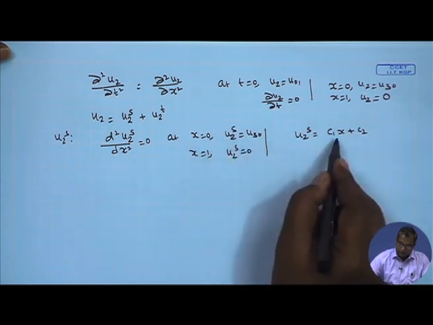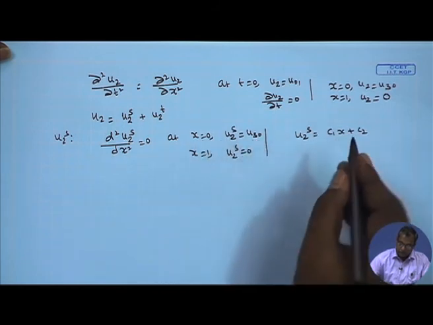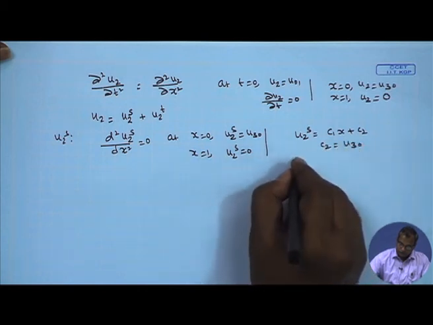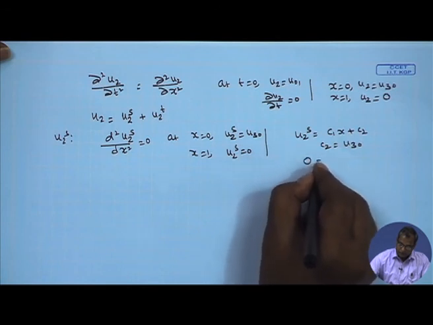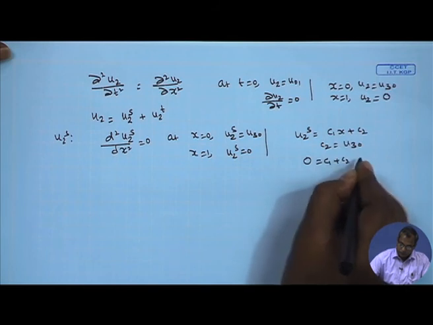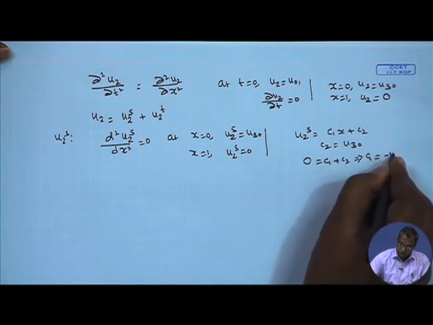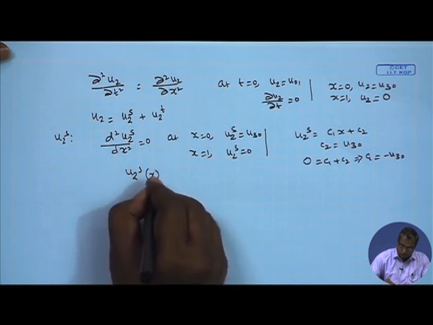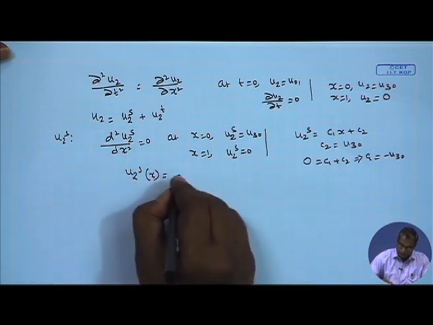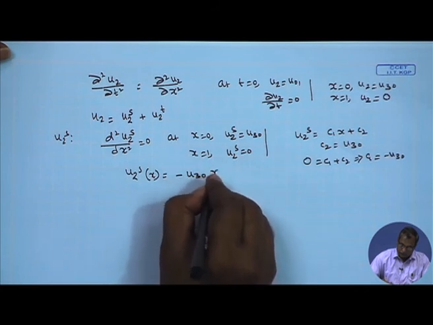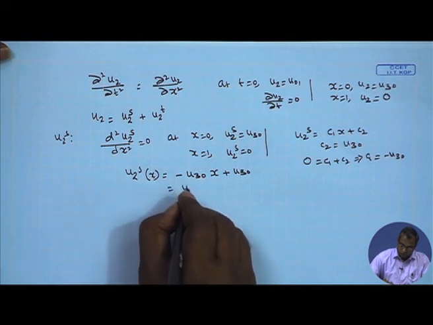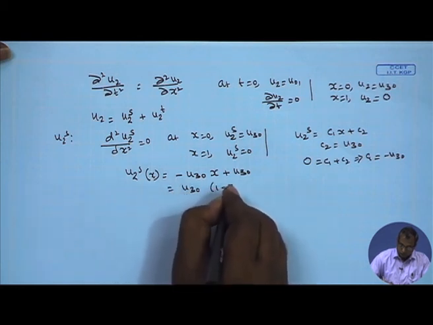So, at x is equal to 0, u2s is equal to u3 naught, so c2 is equal to u3 naught. And at x equal to 1, u2s is equal to 0, so it will be c1 plus c2, so c1 is equal to minus u3 naught. So, the solution of u2s, which is a sole function of x, is minus u3 naught x plus u3 naught. So, u3 naught will be nothing but 1 minus x.